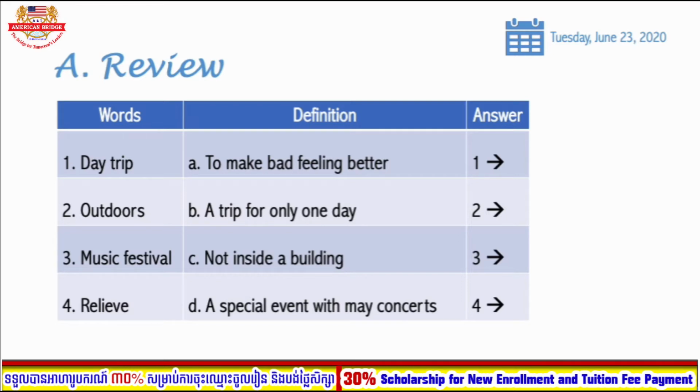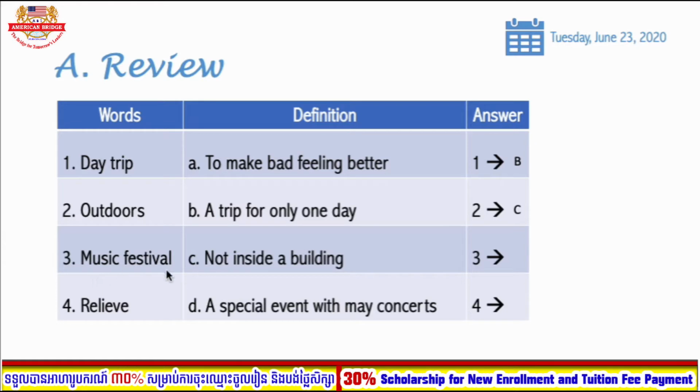Okay, I hope you have the answer. Let's check the answer all together. So number 1, day trip. Which one is the correct answer? Right, it's letter B, a trip for only one day. Number 2, outdoors. So the correct answer is C, not inside a building.